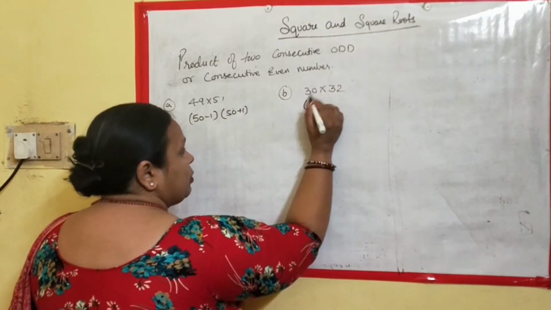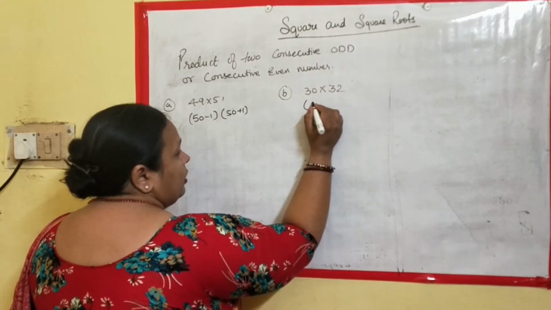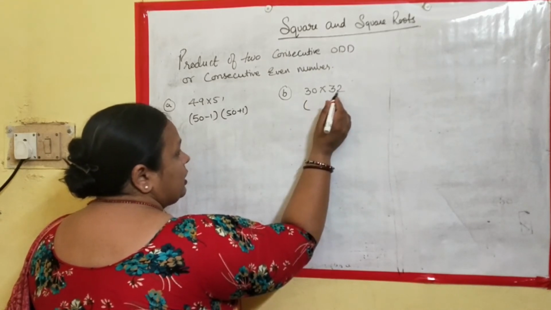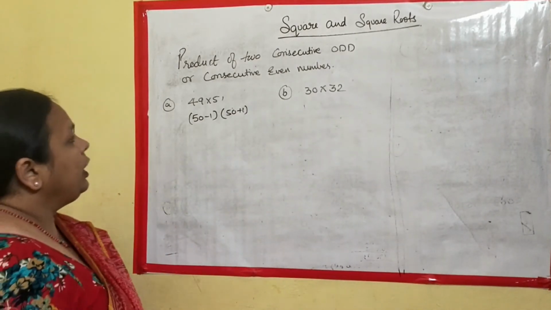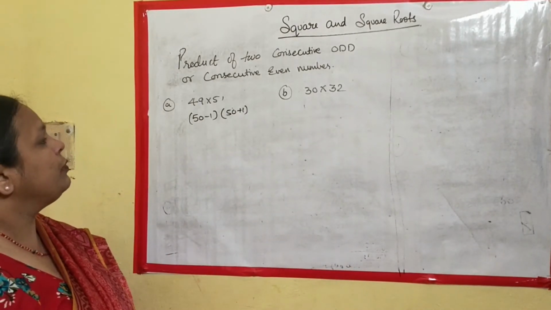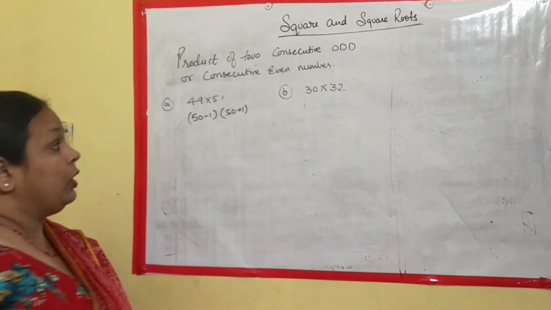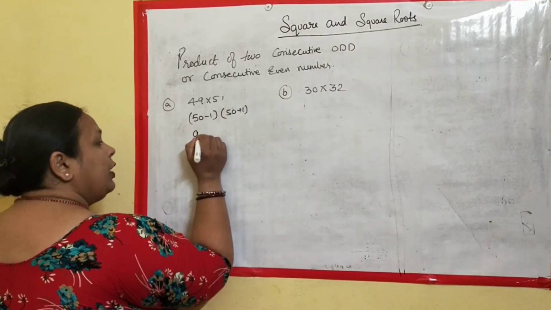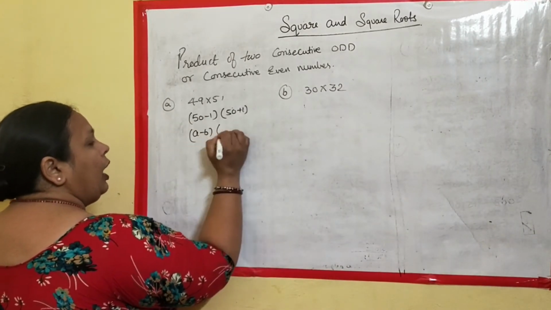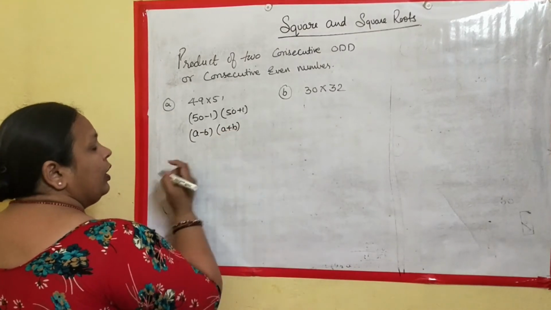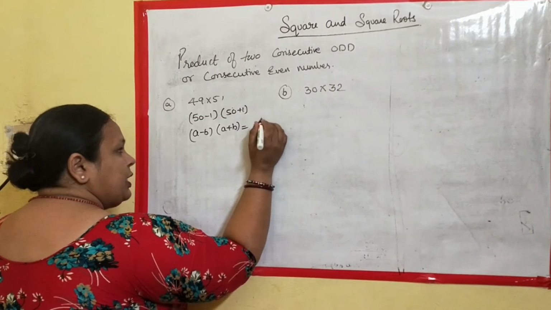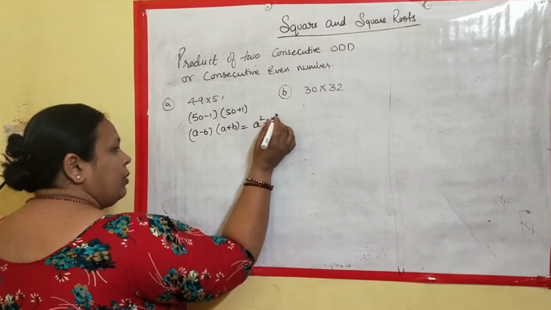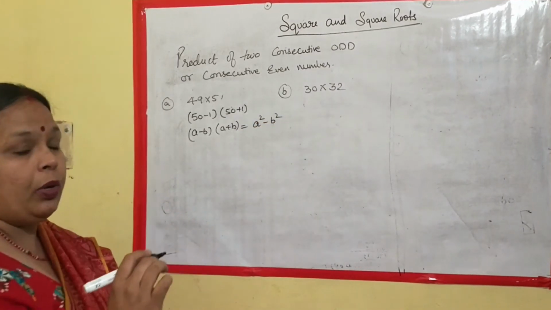Here we can express it as 31 minus 1 and 31 plus 1. So let's solve this one first. 49 into 51 is 50 minus 1 and 50 plus 1. Now this is in the form of a minus b and a plus b. Product of a minus b and a plus b using identity is nothing but a square minus b square.